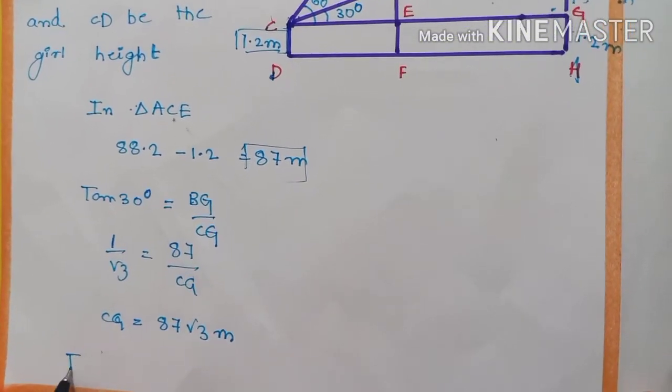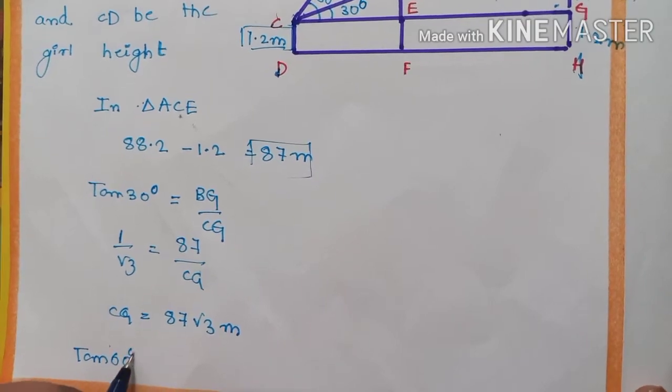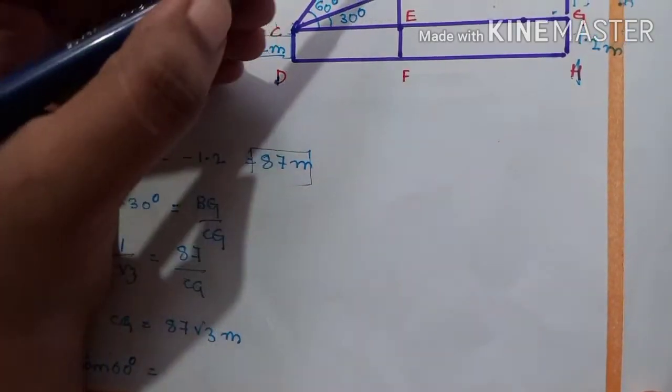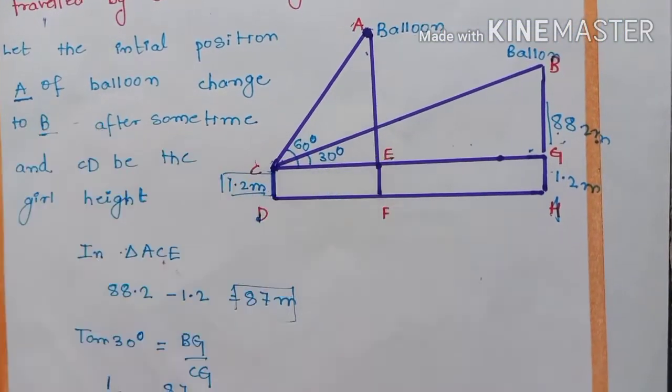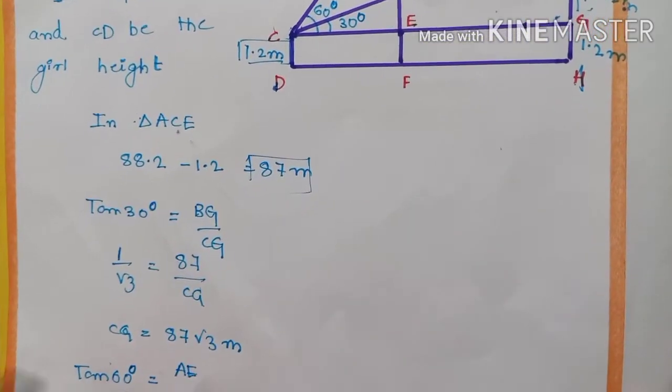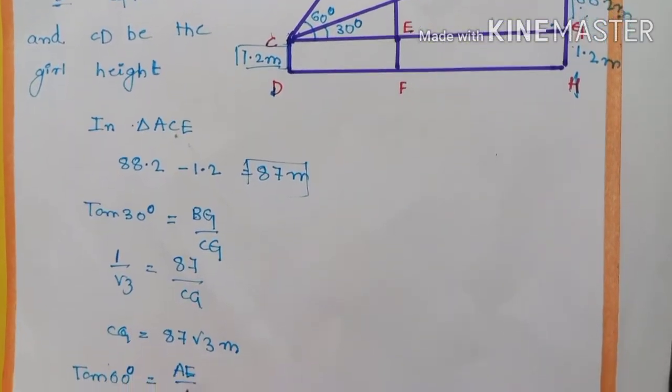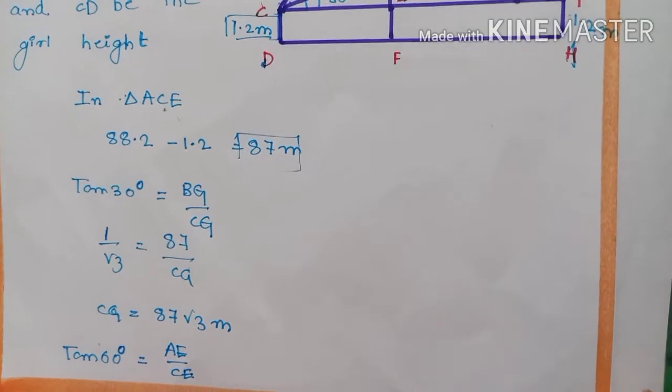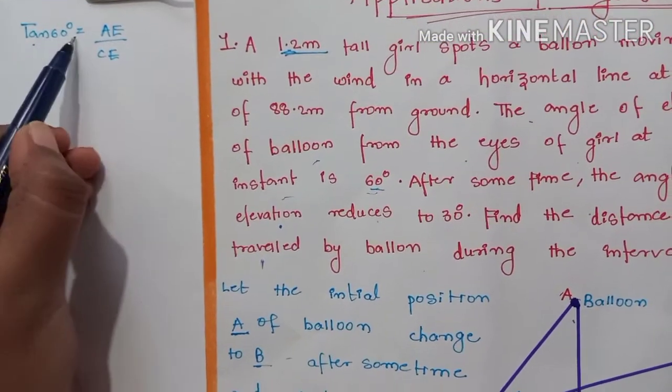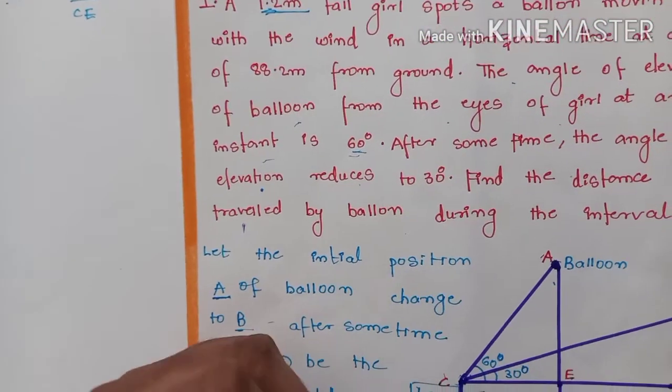And now next we have to find tan 60 for the second triangle, where the opposite is AE and the adjacent is CE. Here we have tan 60 is AE by CE.